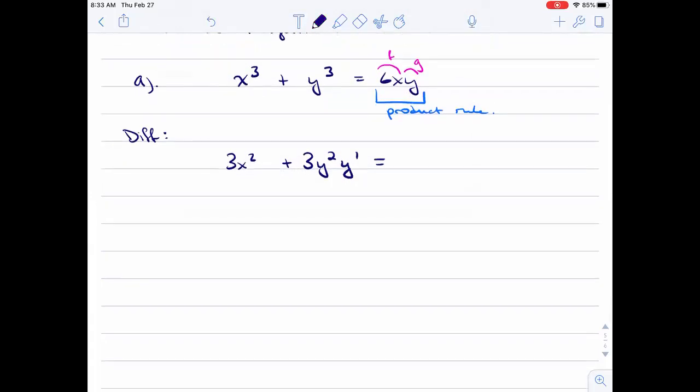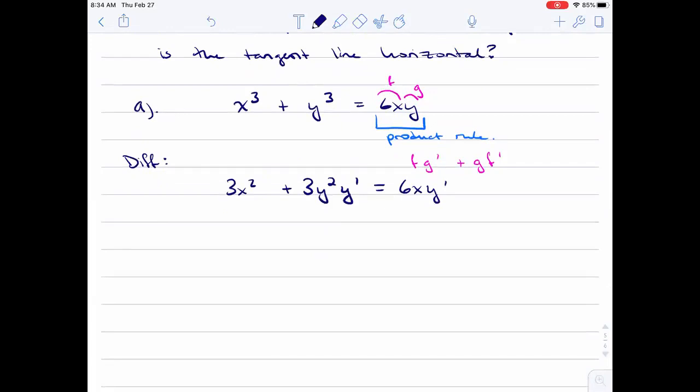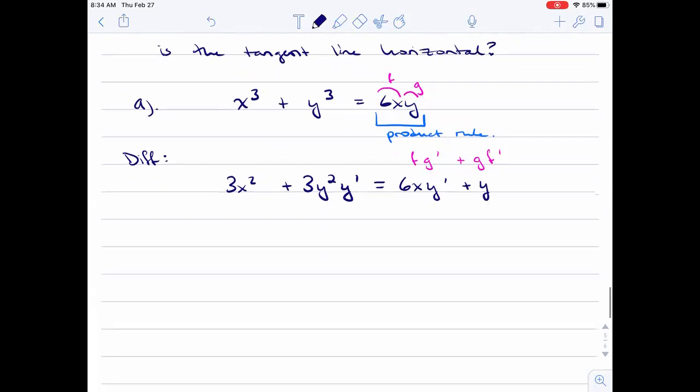Then we get, if we do fg prime plus gf prime, let's write this down. Leaving f alone, we get 6x, and then the derivative of y is just y prime, plus y is left alone times the derivative of 6x with respect to x, which is just 6.